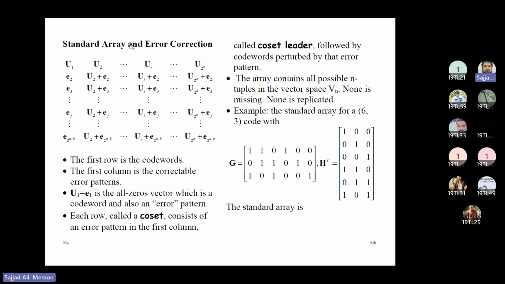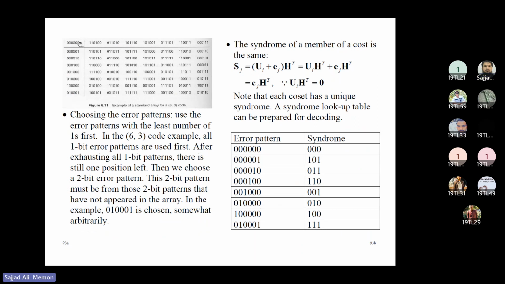So this is the standard array and error correction table, similar to this one, where you can see we have this 00. Now one bit will be included as the error, like 001, 0010. You can see the one is always changing positions. Similarly here, it is 110100, and the one is moving.